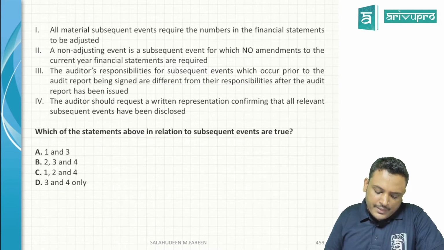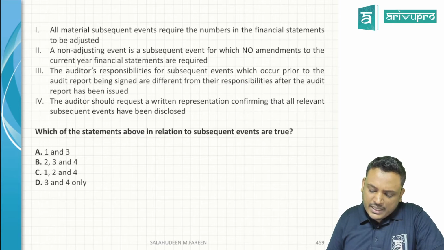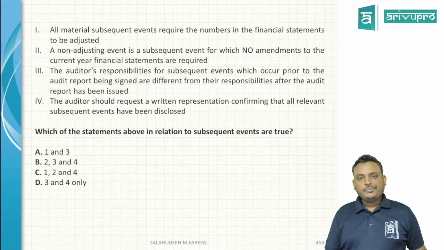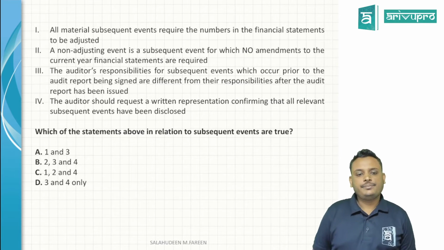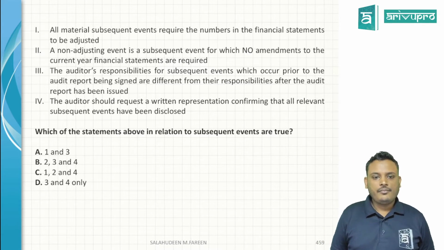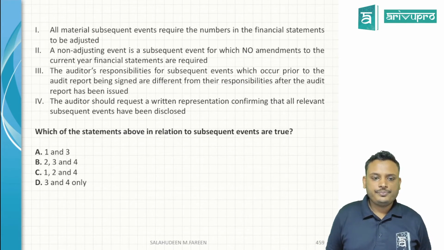Number 4. The auditor should request written representation confirming all relevant subsequent events have been disclosed. Okay. What is the answer? Which are true?